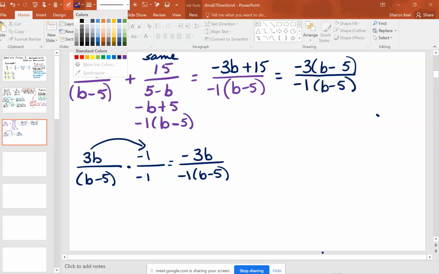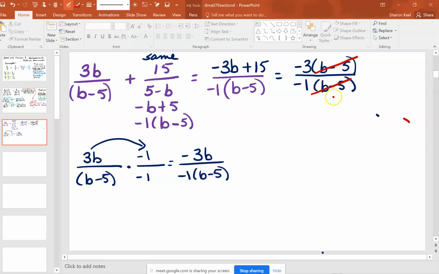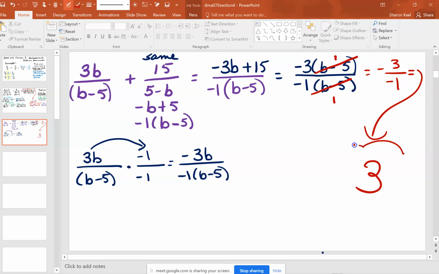I look to see, can I cancel anything out? And I can. The B minus 5s both cancel. And I end up with negative 3 over negative 1. I do need to simplify that. That can simplify and reduce to become positive 3. And then that would be your final answer.